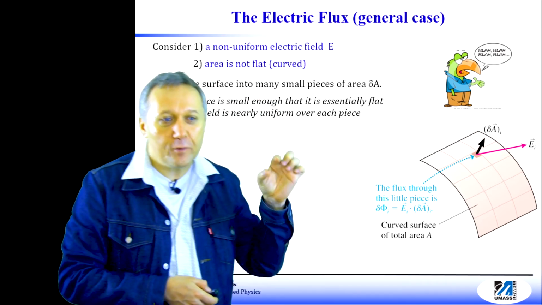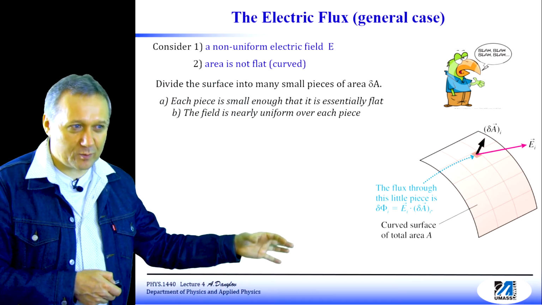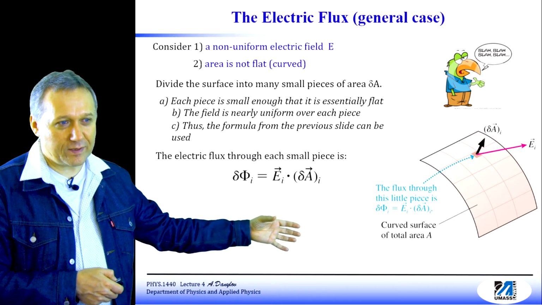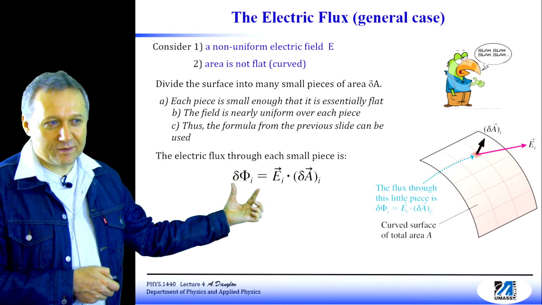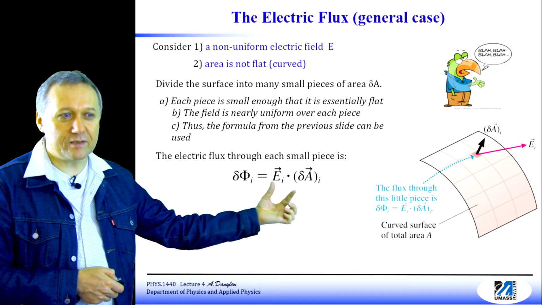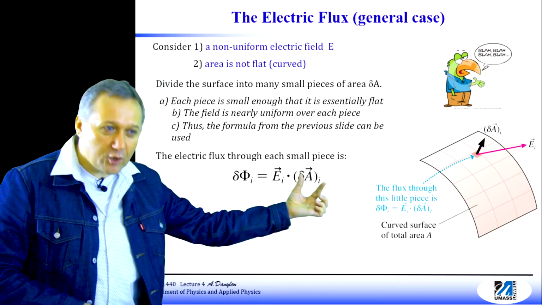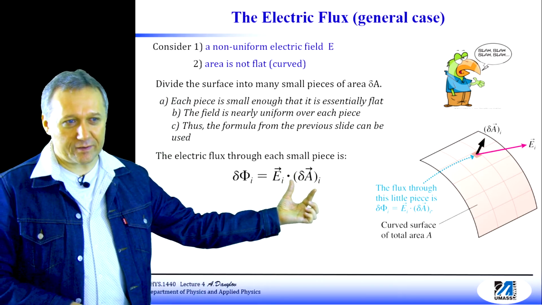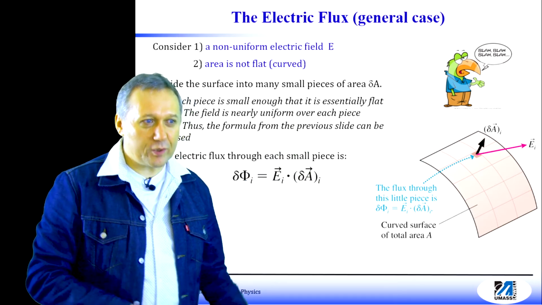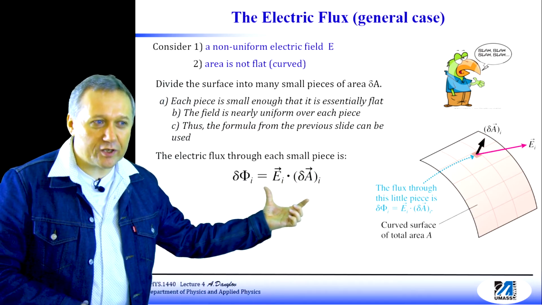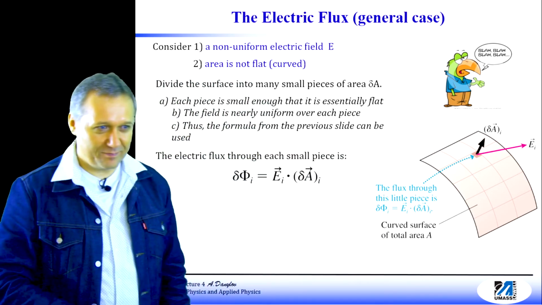So we can write the flux through that small patch as dΦ, which is the electric field at that patch, basically constant, dotted with the area vector dA through that surface. So it's an infinitesimally small contribution to the net flux from that patch.